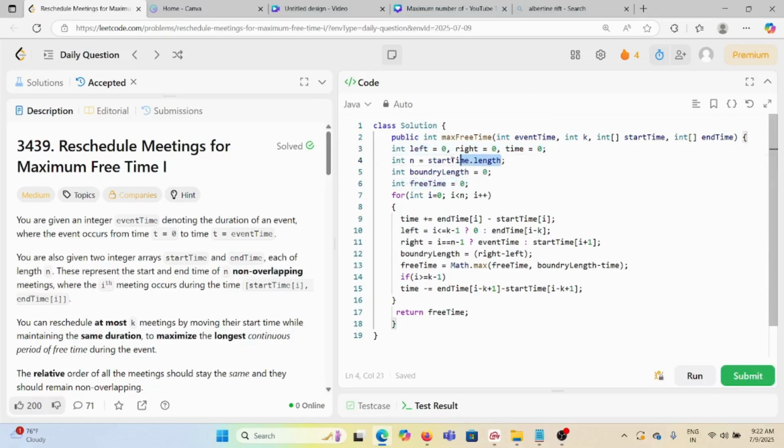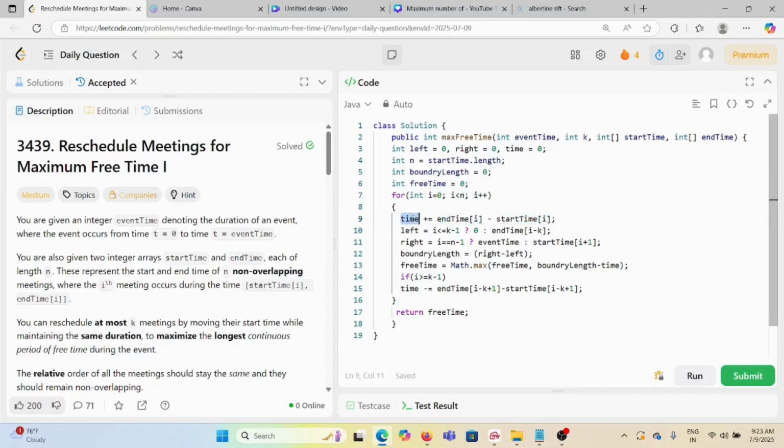And see here, I am getting the length of start time, because start time and end time are both of the same length. Okay. Now what we are doing here is traversing through this array. So i equal to 0, i less than n, i plus plus. What I am doing here first of all is time equal to whatever is the end time of the meeting minus the start time of the meeting.